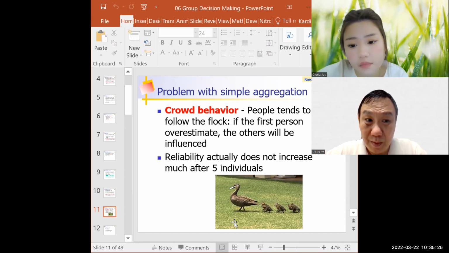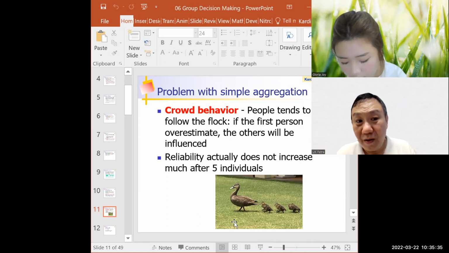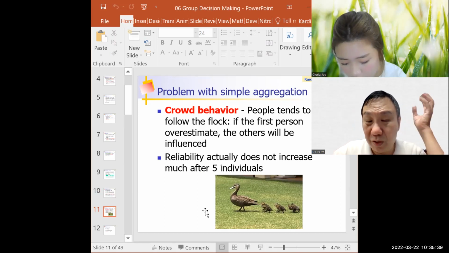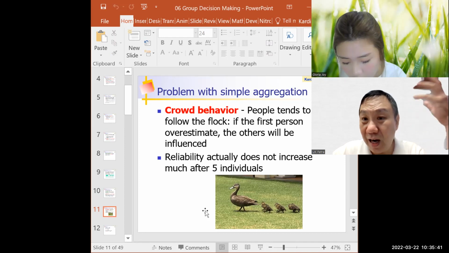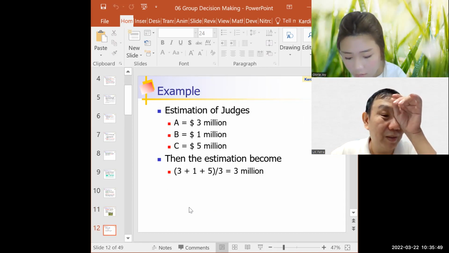So the reliability of that estimation actually does not increase much after 5 individuals. That's the problem of simple aggregation. Whoever announces first will probably win, right?